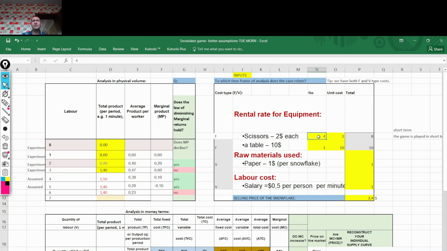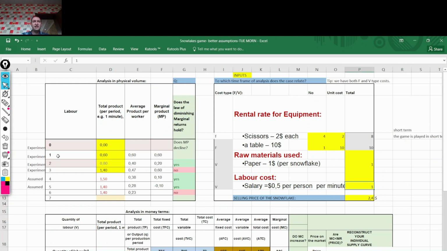For scissors used, rented at $2 per minute each. One table was rented for $10 per minute. Again, the snowflake raw material, A4 sheet of paper, was costing us $1 per snowflake, and the salary was half a dollar per person per minute.